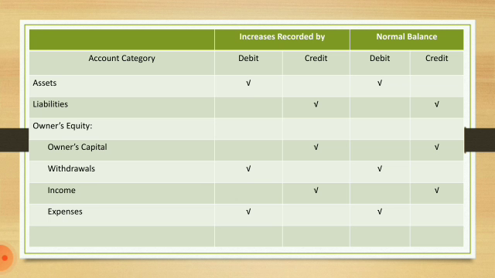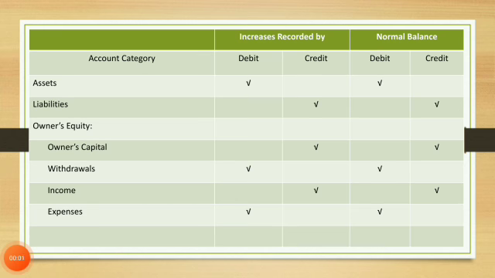It is debit, or left side. What about income? Its normal balance is credit, or right side. And expenses, its normal balance is debit, or left side.